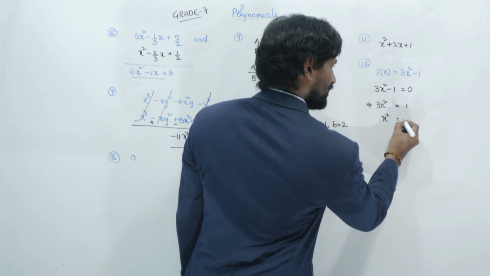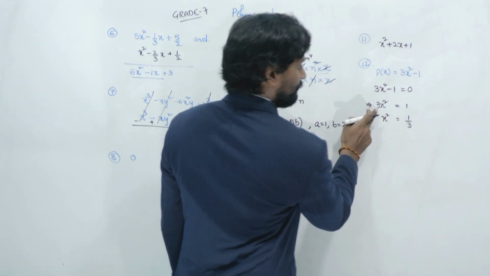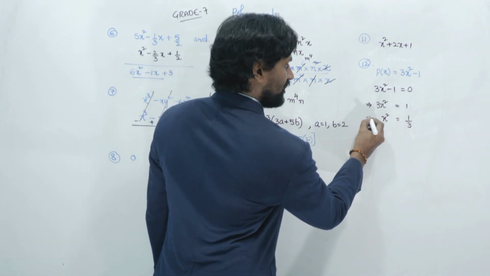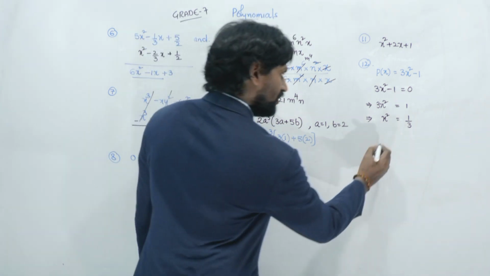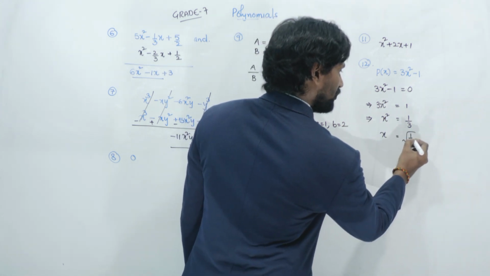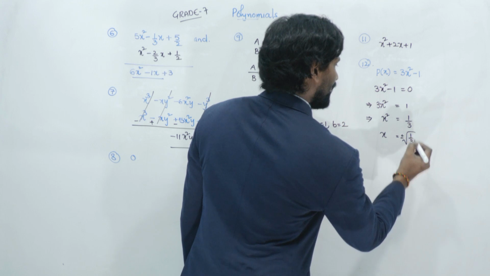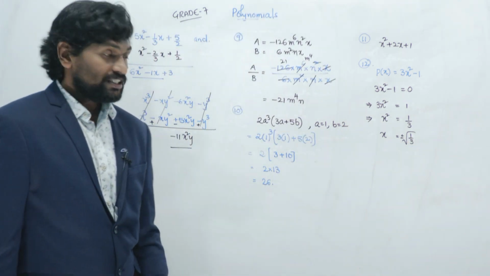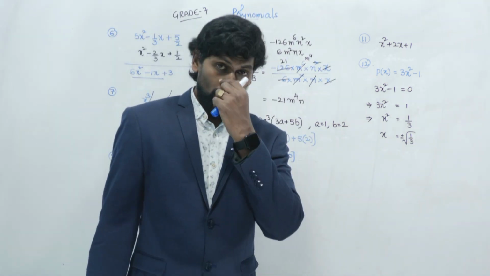Now x square is equal to 1 by 3, because 3 multiplying, when transposed, is going to be divided. Now x is equal to the square root of 1 by 3. Whenever it becomes a square root, plus or minus comes, so plus or minus root over 1 by 3.